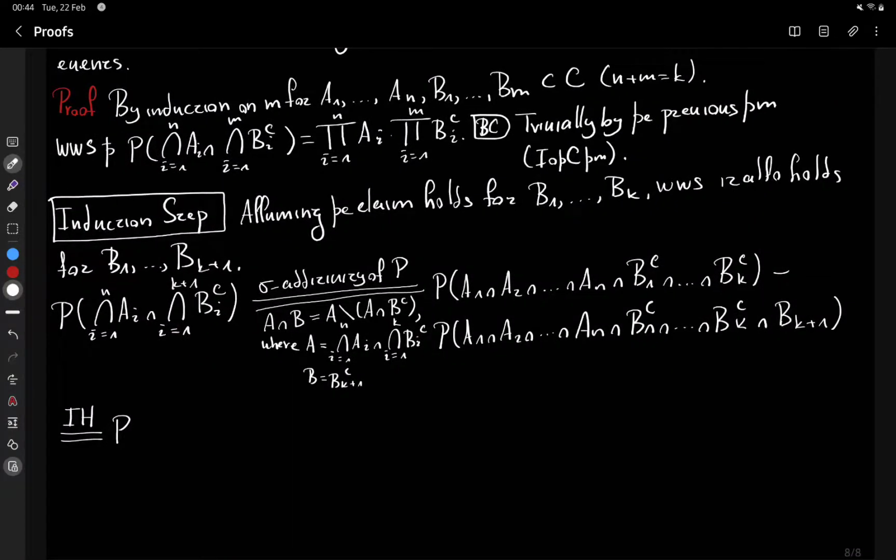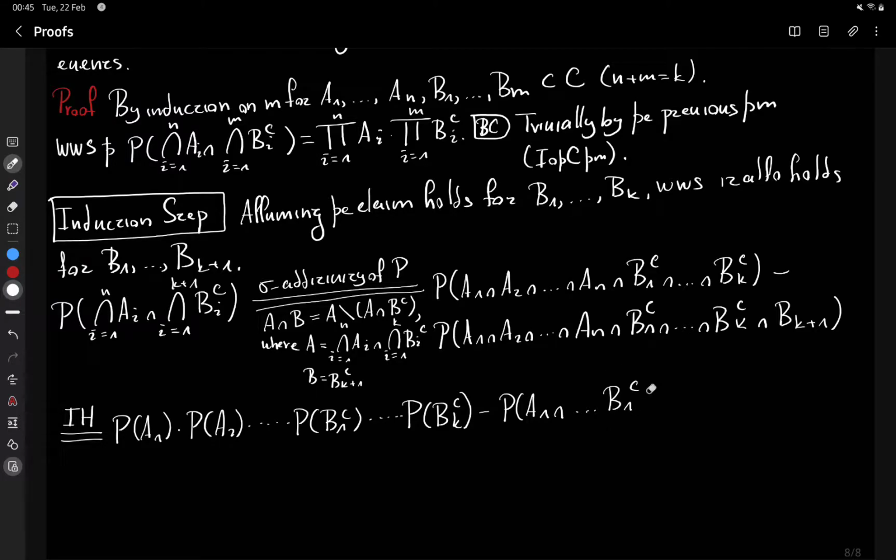So we have P of A1 times P of A2 times dot dot dot, all the way until we arrive at P of B1 complement times dot dot dot times P of Bk complement, minus the same thing, so P of A1 times P of A2 times dot dot dot times P of B1 complement times dot dot dot times P of Bk complement times P of B(k+1).